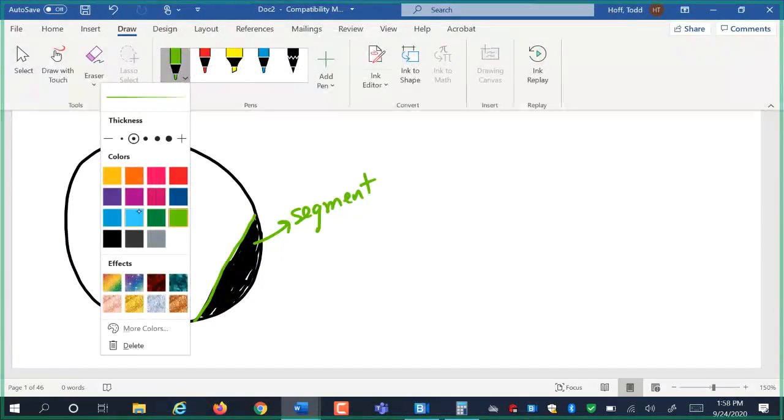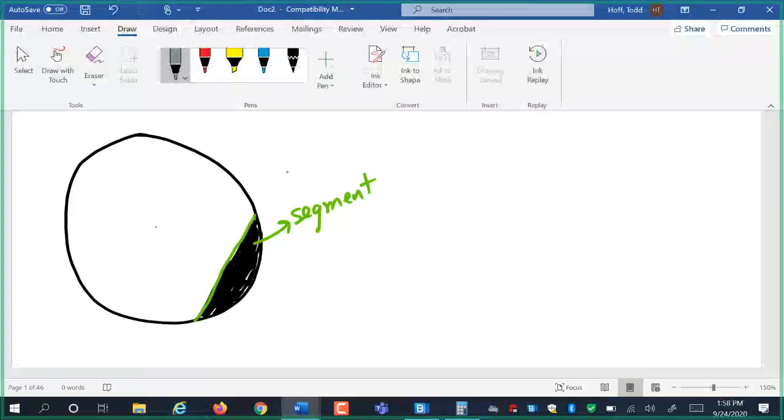And for this example, I'm going to give you, let's say that this here is 8 inches, this is 8 inches, and this segment is also 8 inches.